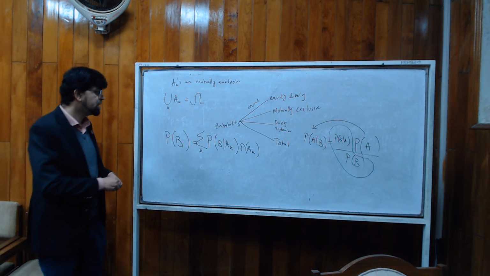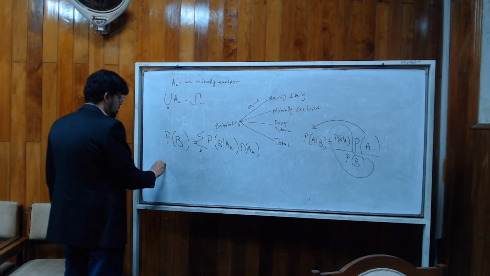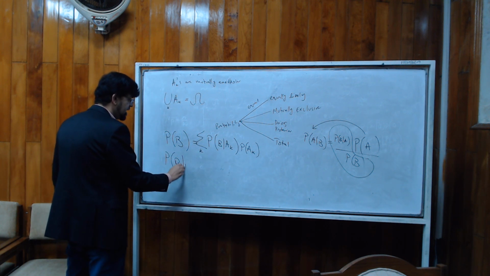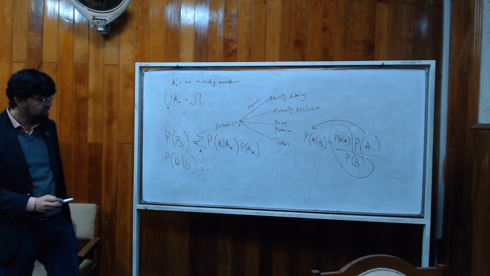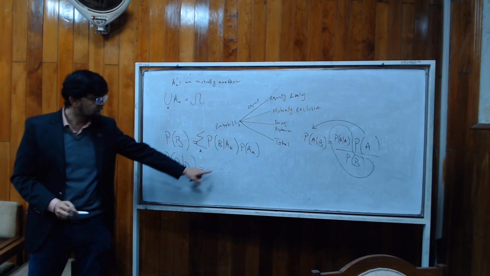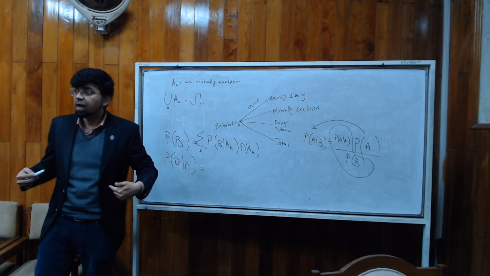Maybe after that I now know that an event D happened. Then what is the probability? I could use that to further update it.